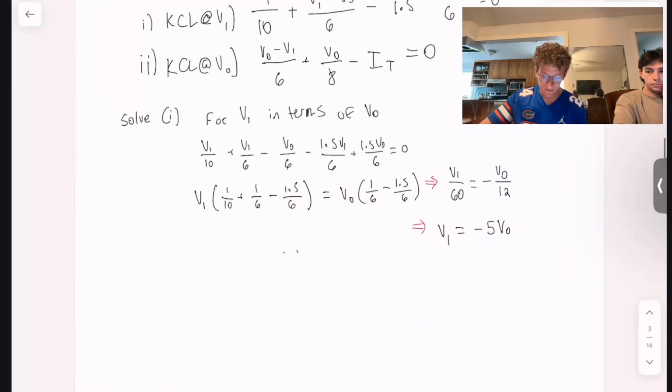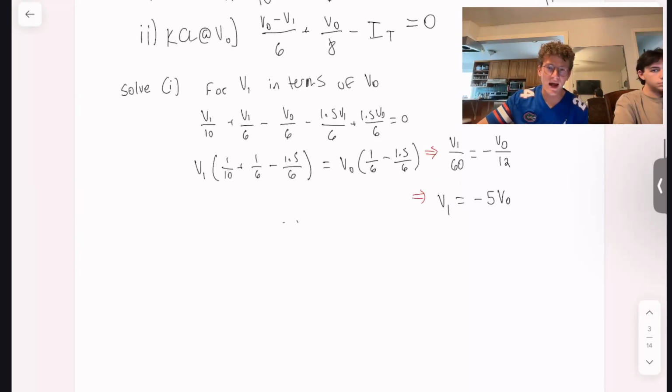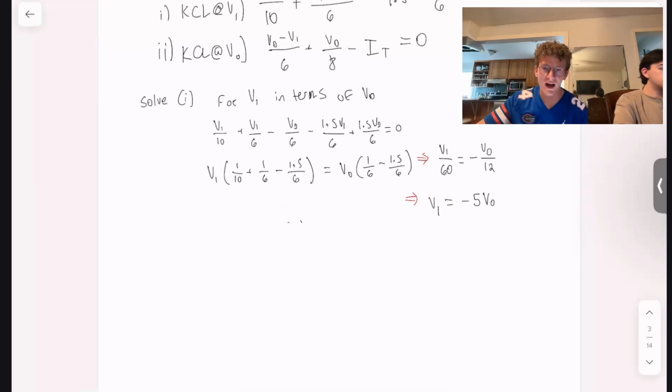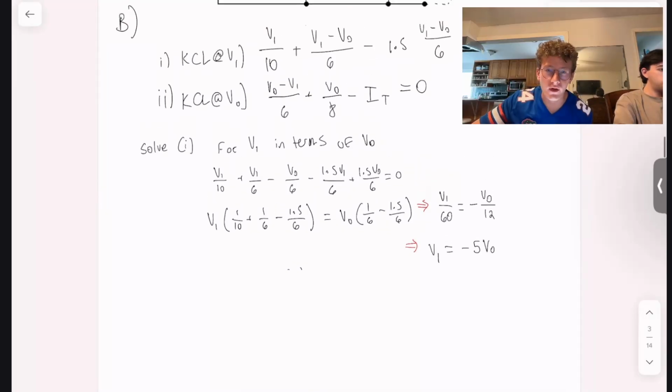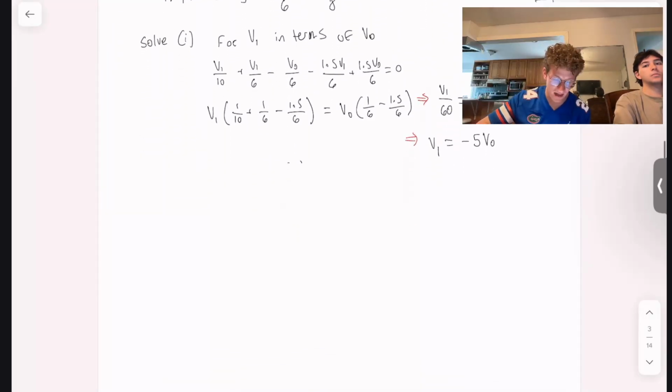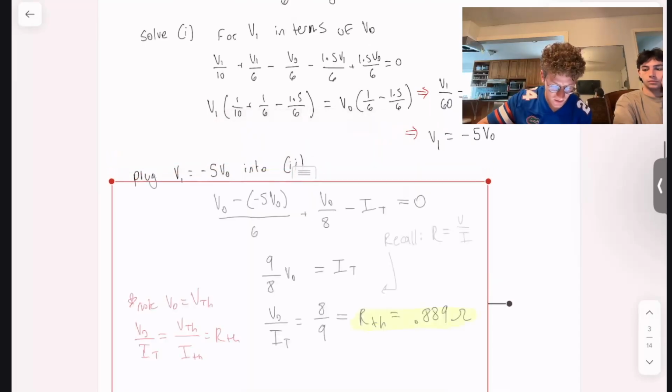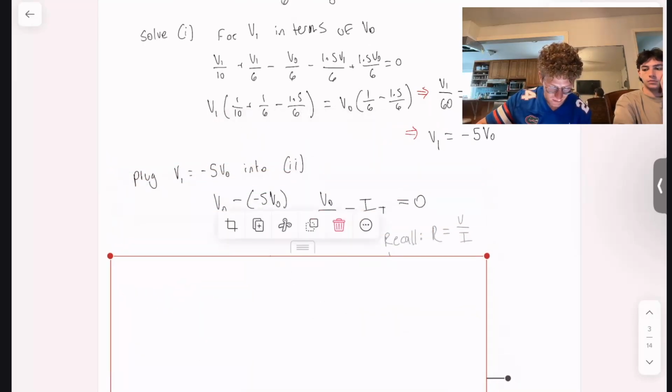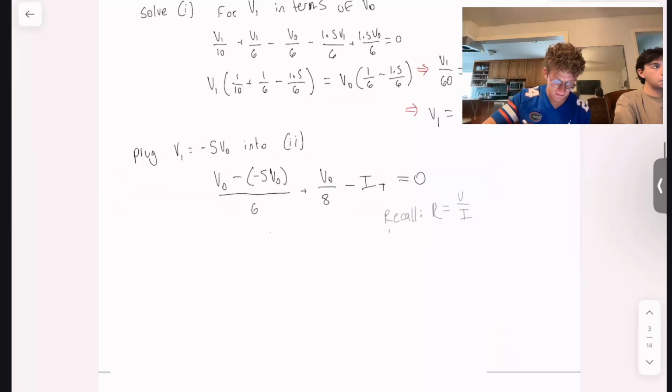We get V1 over 60 is equal to negative VO over 12, which gives us V1 is equal to negative 5 VO. So now we can plug in negative 5 VO for V1 in our KCL equation number 2. That gives us this over here. You just plug that in right there like that.